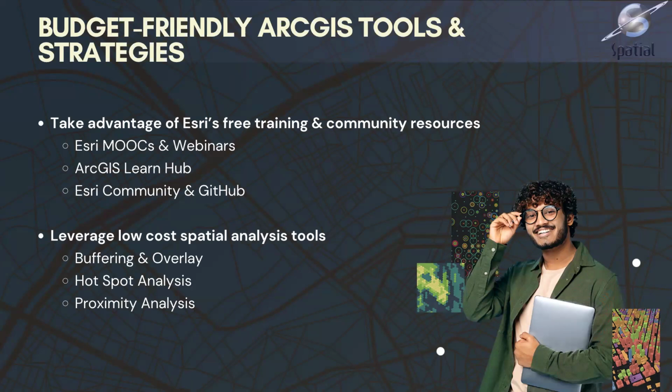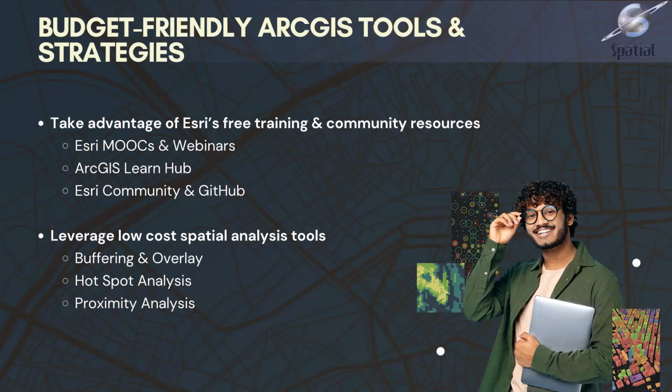And another valuable resource would be the Esri GitHub repository. So here you'll find open source tools, scripts, and if you want to automate things, then it's available. So whether you want to dive into Python, for those who love to code, or create custom web apps or extend ArcGIS Online capabilities, then the GitHub has sample codes that you can utilize.